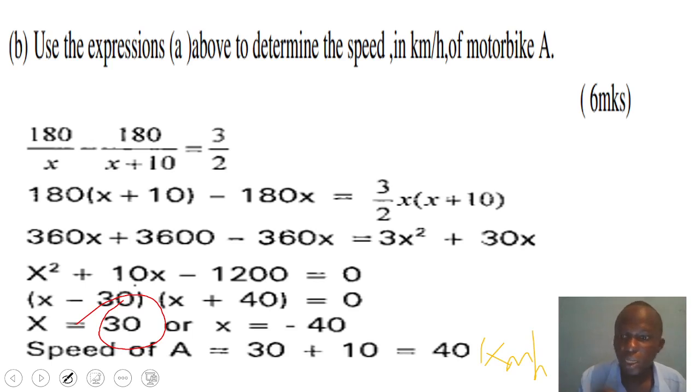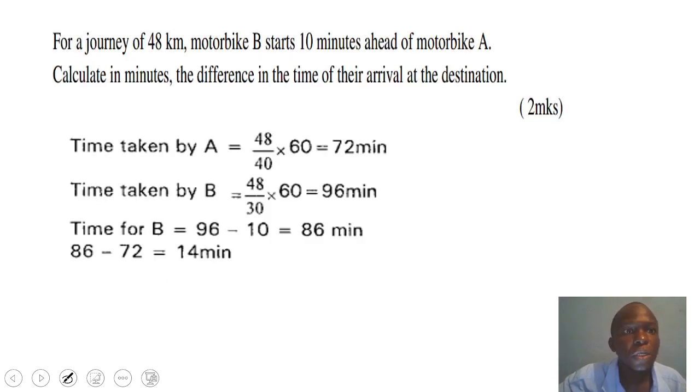So let us go to this next part of this question. For a journey of 48 kilometers, motorbike B starts 10 minutes ahead of motorbike A. Calculate in minutes the difference in times of their arrival at the destination.